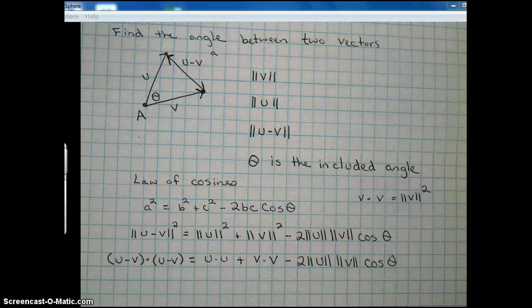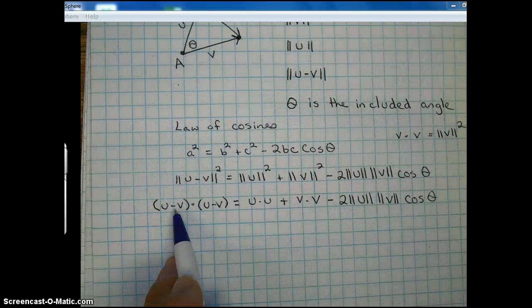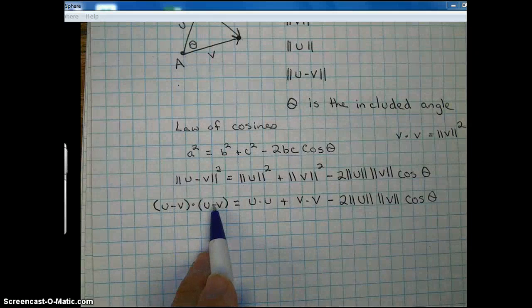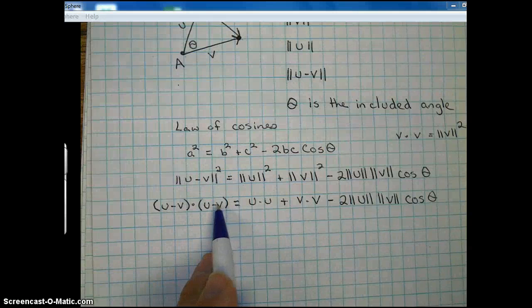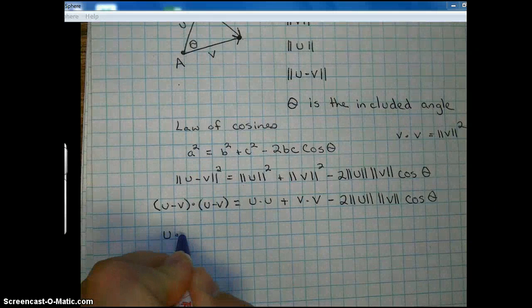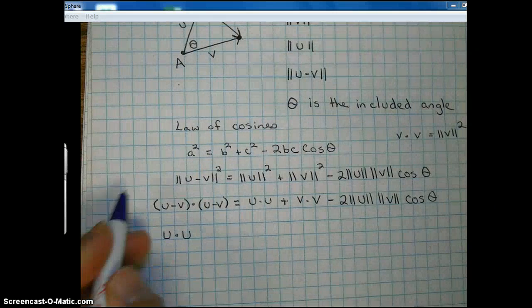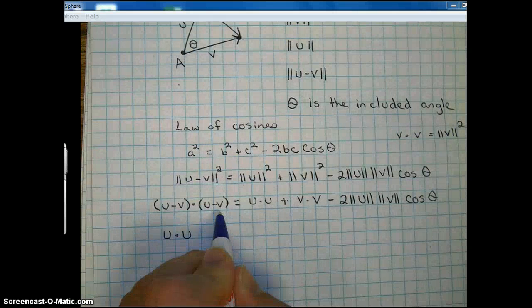All right, we're going to go ahead and multiply these together. I'm going to just use the distributive property twice on this. So I'm going to take this first term and multiply times both of these. So u times u, and then it's going to be u times negative v.